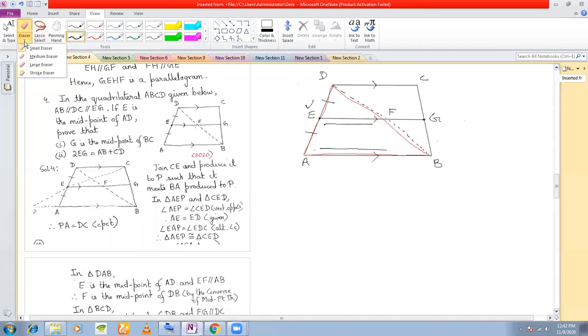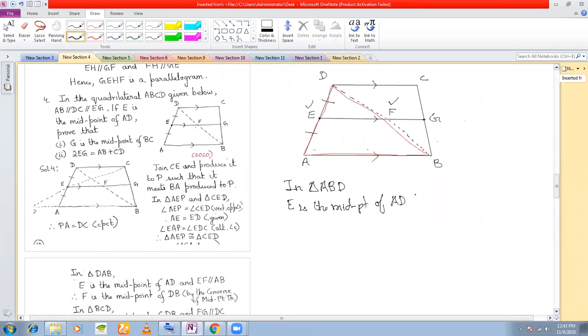That means by the converse of the midpoint theorem, if you apply it in this red triangle, then you can say that F is the midpoint. Can you say or not? Yes, sir. In triangle ABD, E is the midpoint of AD, given. And what else is given? EF parallel to AB.